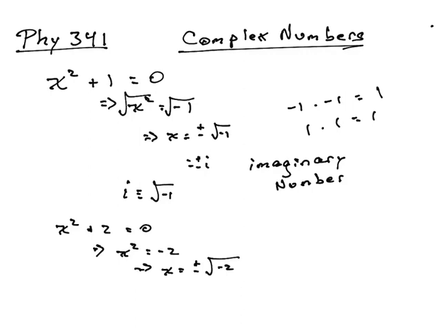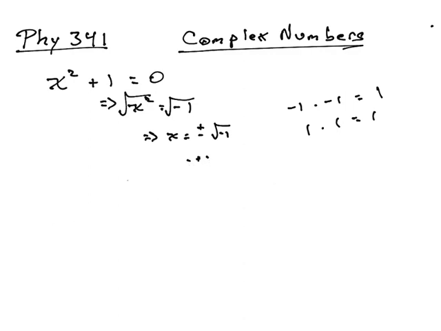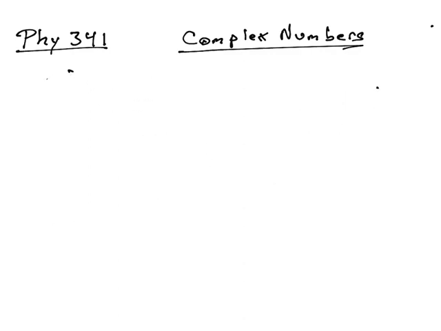And so that leads us to the general form of the imaginary number, or complex numbers. And that general form says a complex number z, that's the general variable for a complex number, is a number of the form a plus i times b, where a and b are real numbers.